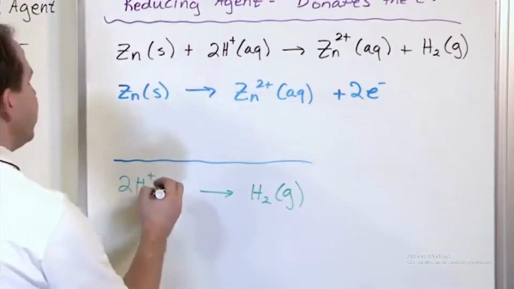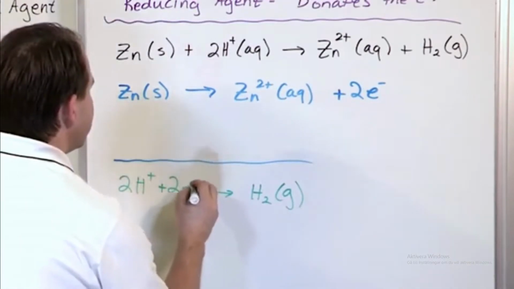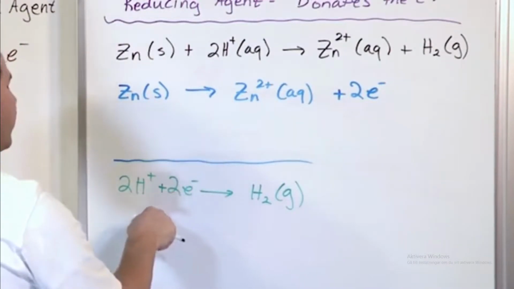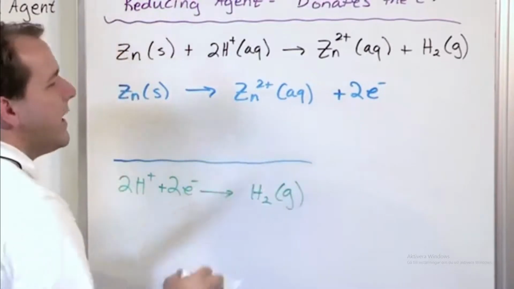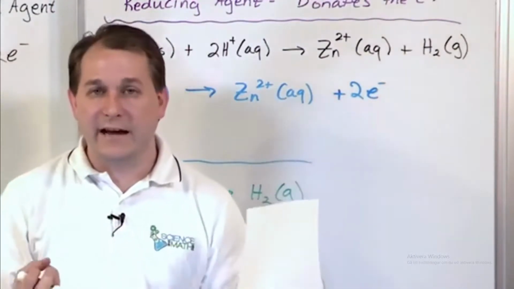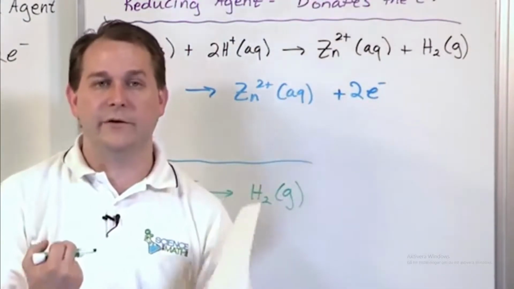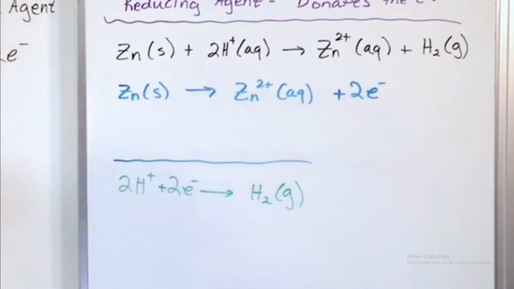The only way you can do this is if this gains two electrons, because these two electrons are going to combine with these two ions, giving you two neutral hydrogen atoms. And anytime you have hydrogen, it's a diatomic, so it just always clumps together as molecular hydrogen. All right, but this is one of the half reactions.